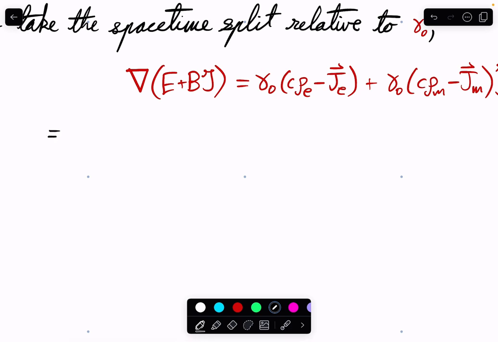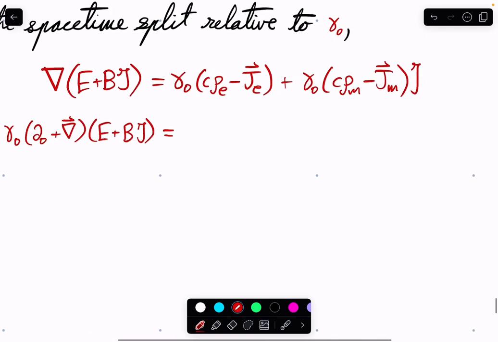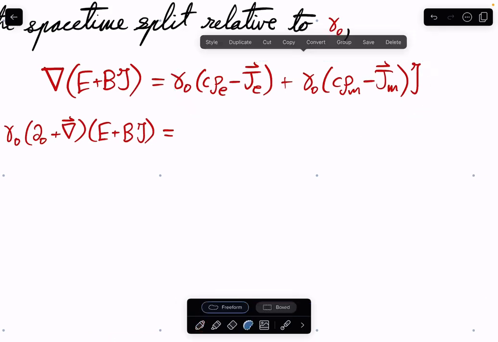So we can expand this out. This can have a gamma naught on the outside here, and this is E plus B I. And you, of course, get this right here.